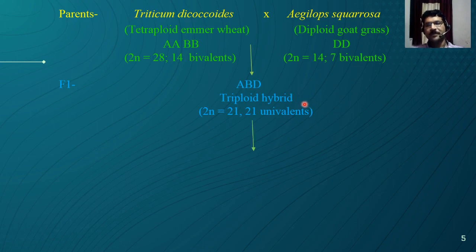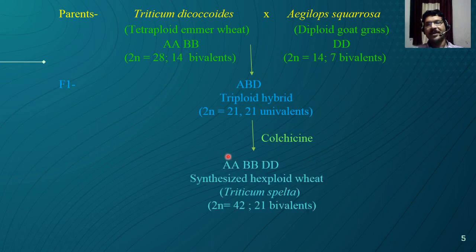Now what happens when the scientists give colchicine treatment to the synthesized F1? When colchicine treatment is given, there will be a disturbance in spindle fiber formation, and there will be duplication of the sets of chromosomes.